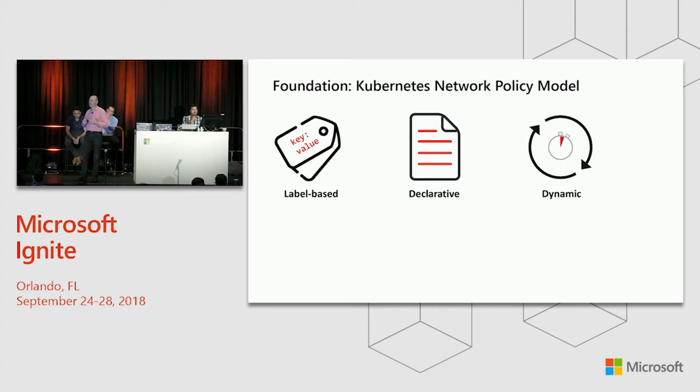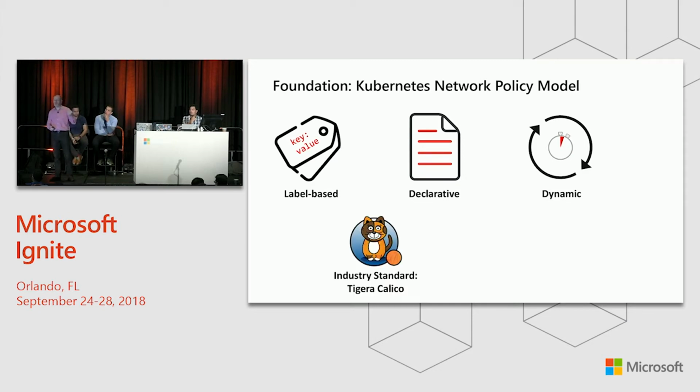As I say, it is a Kubernetes API. However, Kubernetes itself doesn't have an upstream implementation of that API. Kubernetes just says, here's the API, and because there are different technologies for networking, you have to have a plugin for network policy. So this is where Tigera comes in. We actually developed the reference implementation of this API.